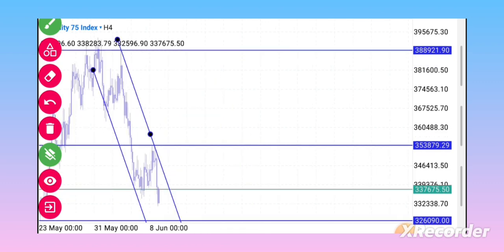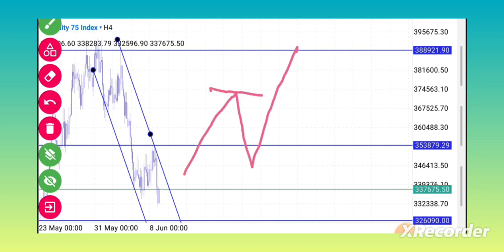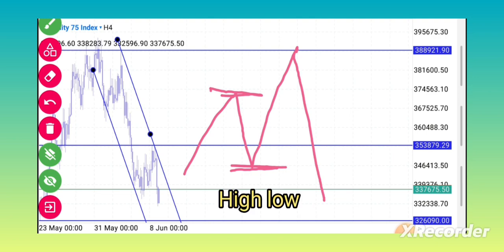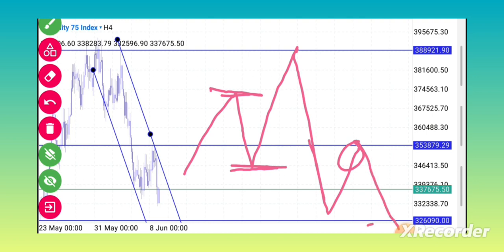So when the market is making a higher high, higher low, higher high, and breaks the previous higher high, we wait for it to come and break the previous lower low, come back and retest, and then we take the market down. Are you getting the point?